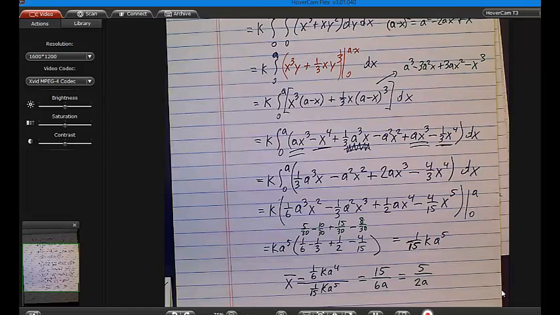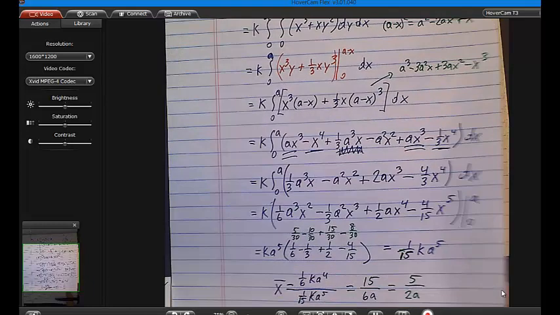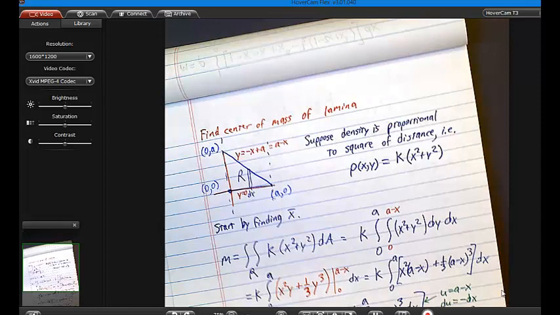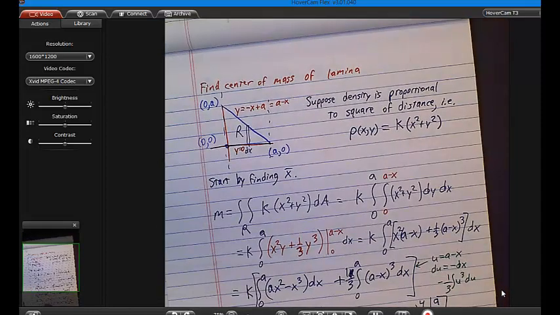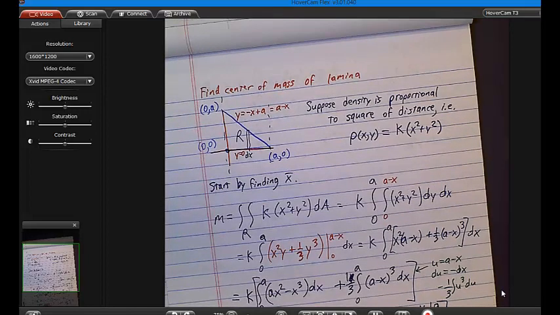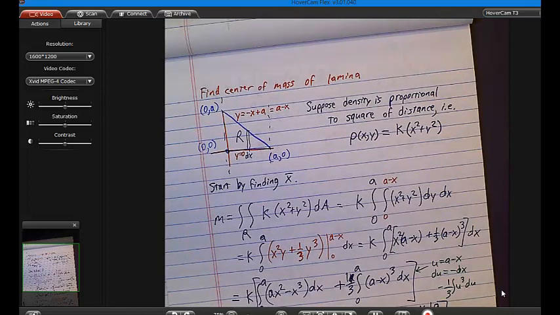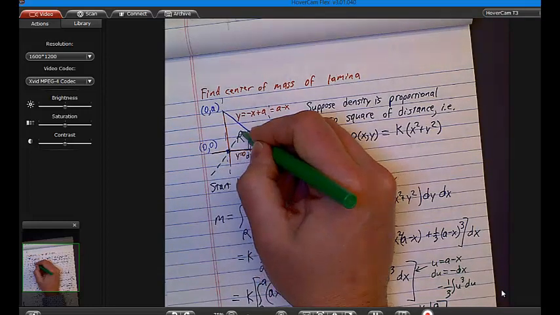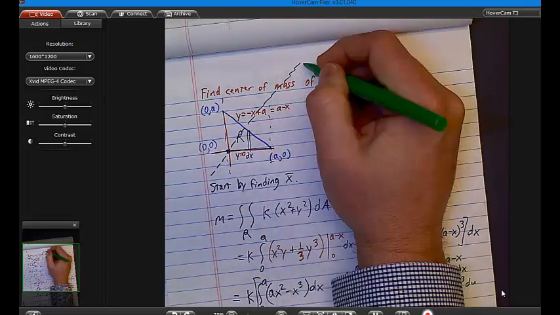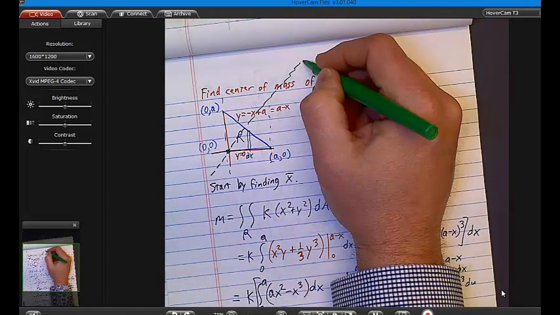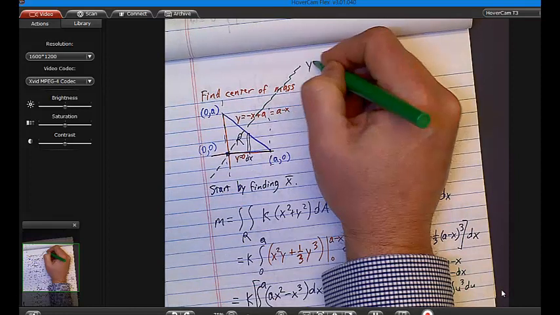Do we have time? Yeah. We have 3 minutes. Ready? Let's look back at the picture. I mean, I feel like you can tell by symmetry from the picture that the center of mass has to be somewhere on the line y equals x.